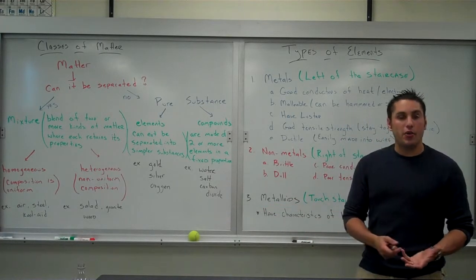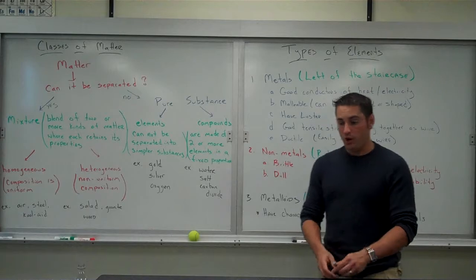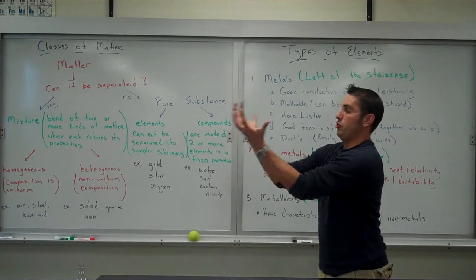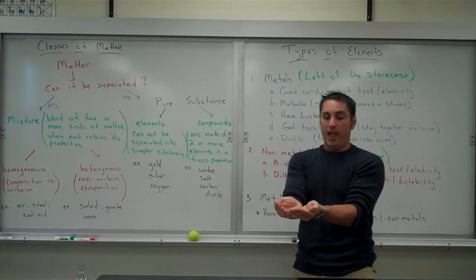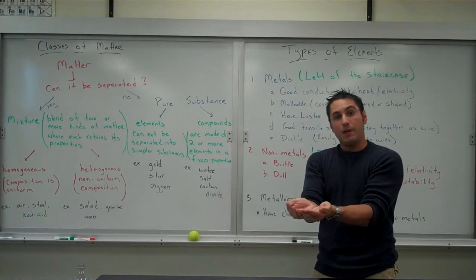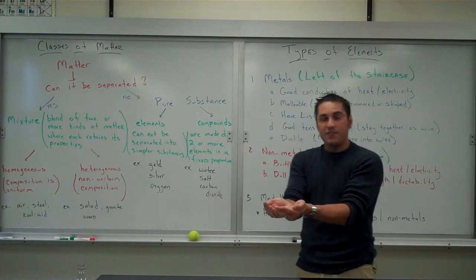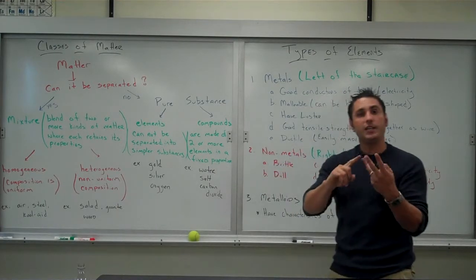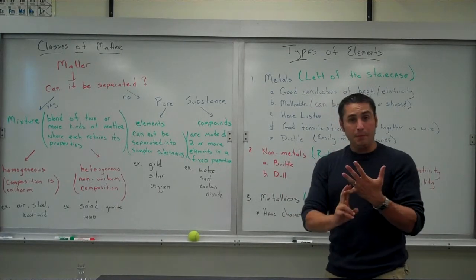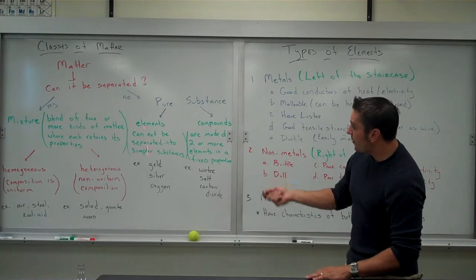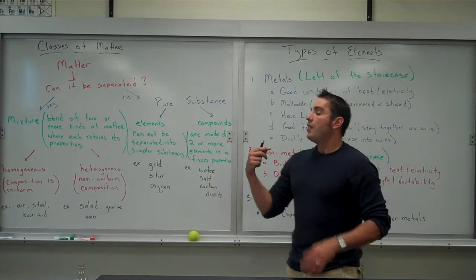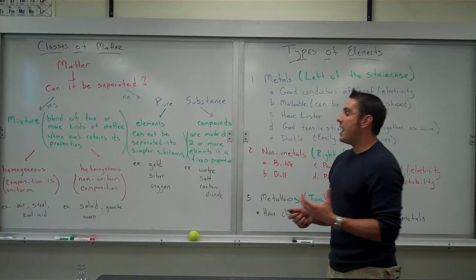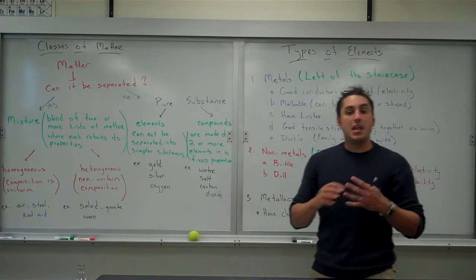Air is another great example of a homogeneous mixture. Right now, I could pretend to scoop up a giant handful of air that you're looking at, and it all looks the same, even though air has a lot of different things in it. It has oxygen, nitrogen, carbon dioxide, small amounts of helium. There are lots of different things, which were all elements, by the way, that go into that mixture. The main idea is they keep their properties.